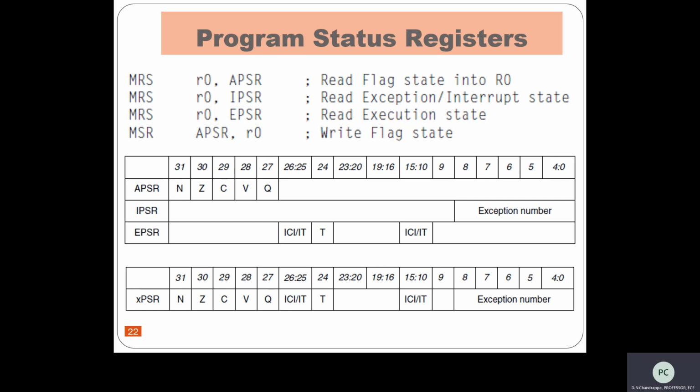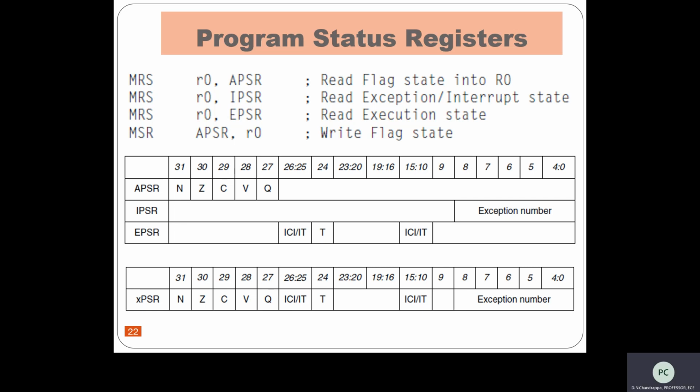Now we'll come to the separate bit configurations. First one is the application program status register, APSR. We have 5 parameters. Please look into these 5 parameters.